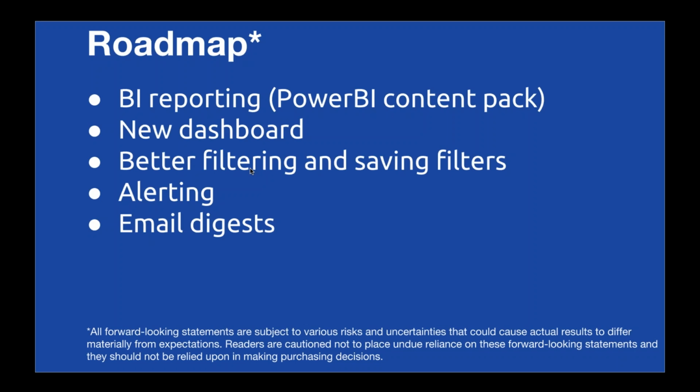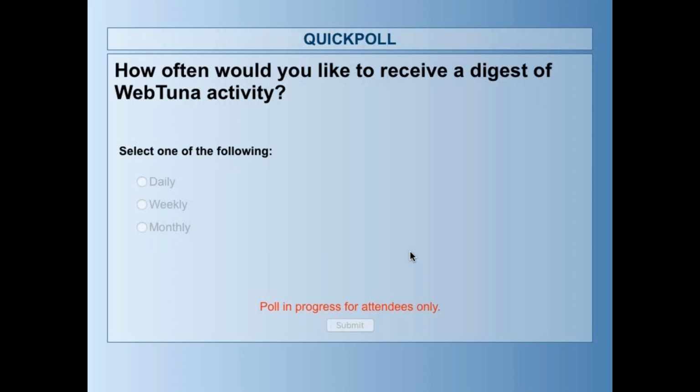But Zoe, if you want to bring up the poll, we can actually see what people think around that. We'll give it another 10 seconds for the last submissions to come through, and then Zoe, if you want to show the results.